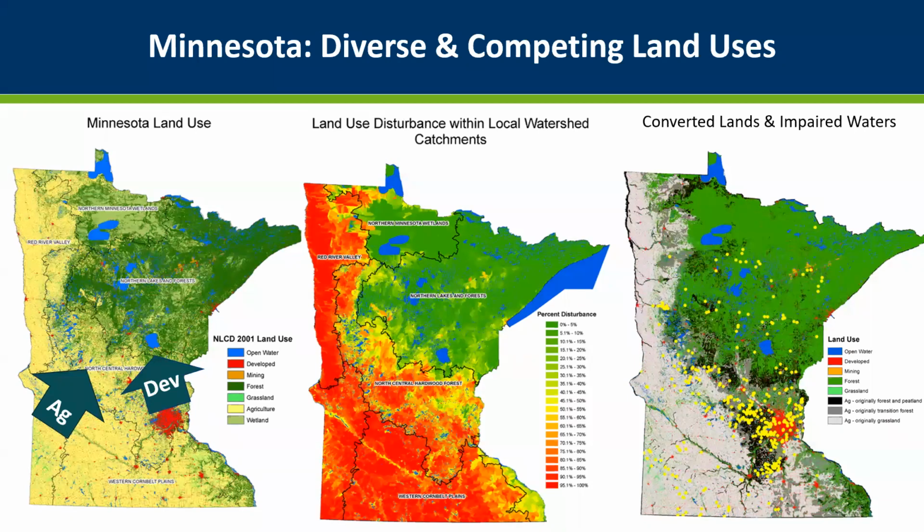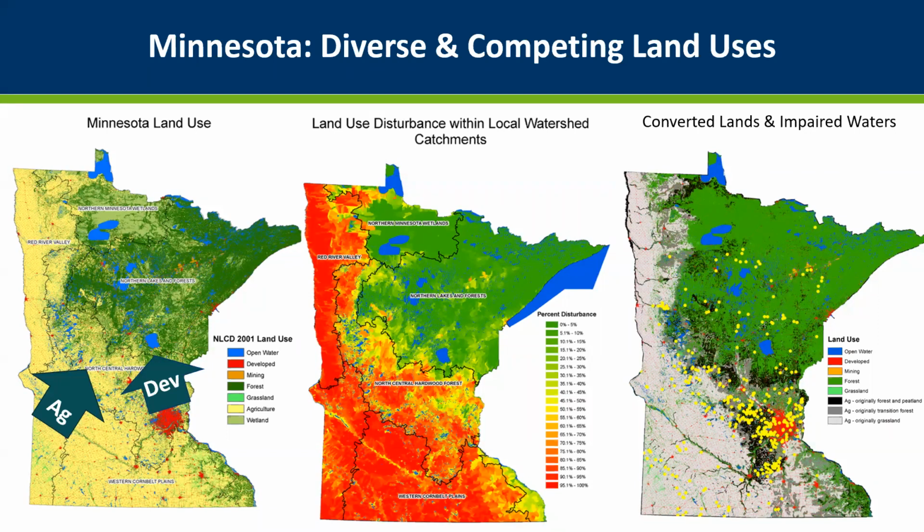You can see ag land use pressures coming in from the west and south. And then that red spot on the map is the Minneapolis-St. Paul metropolitan area. About half the state's population is in that red area, about 3 million people. And so there's also development pressure, often shoreline oriented, coming up from the metropolitan area.